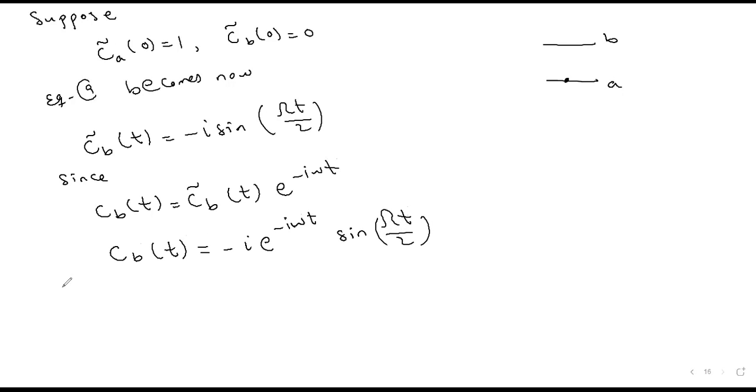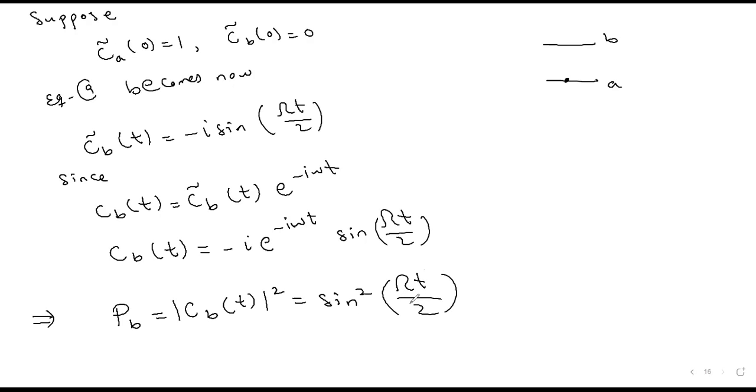Okay, so the probability to find the atom in the excited state is P of b(t) equals sine square omega t by 2. So let me call this equation number 11.